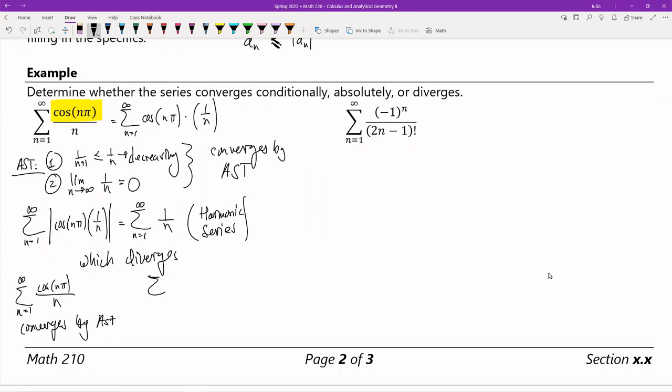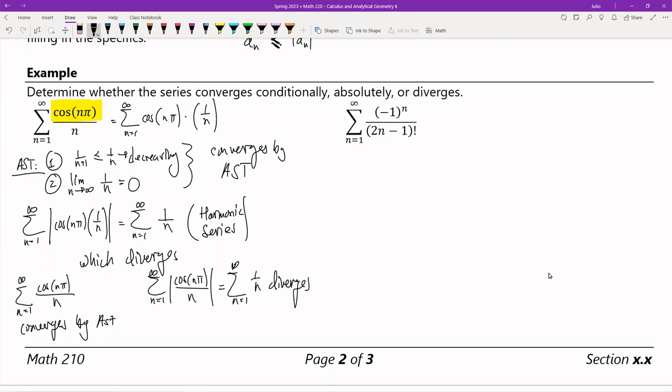And the sum from n equals 1 to infinity of the absolute value of cosine n pi over n, which is equal to the sum from n equals 1 to infinity of 1 over n, diverges.